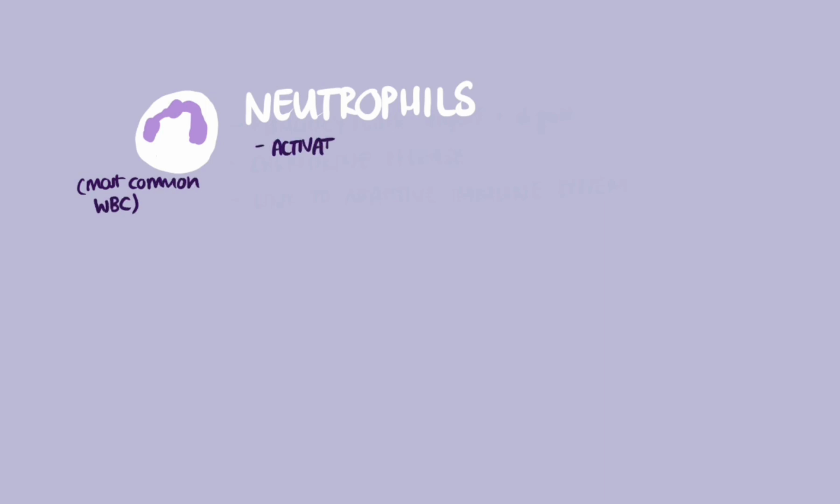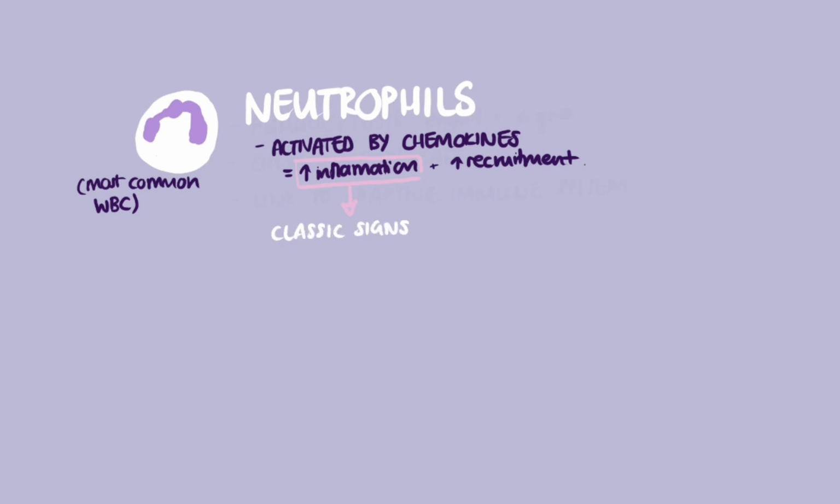The next type of cell we'll talk about are neutrophils. They're the most common white blood cell, which is useful to know. Neutrophils are activated by contact with chemokines released from macrophages or dendritic cells, and they release more chemokines themselves, which amplifies inflammation.